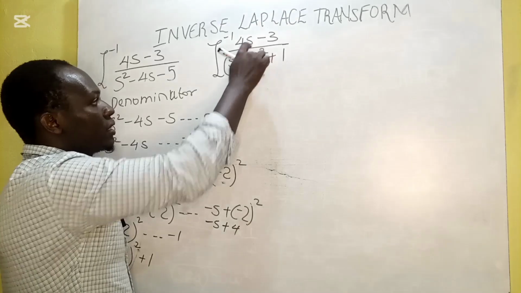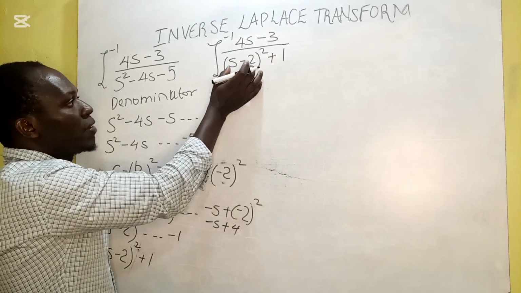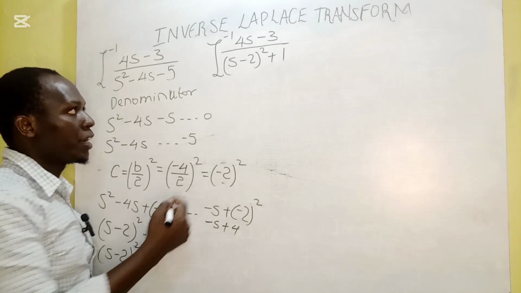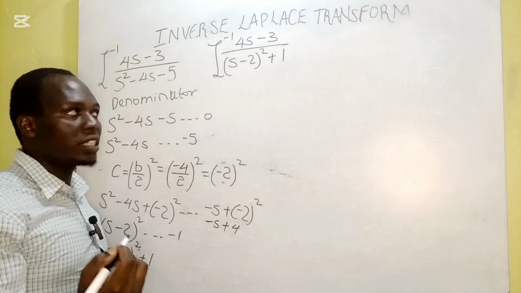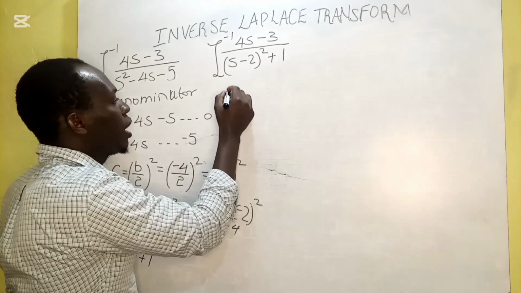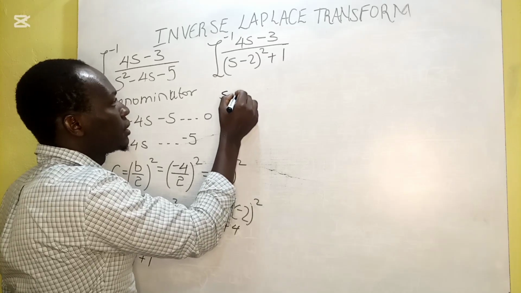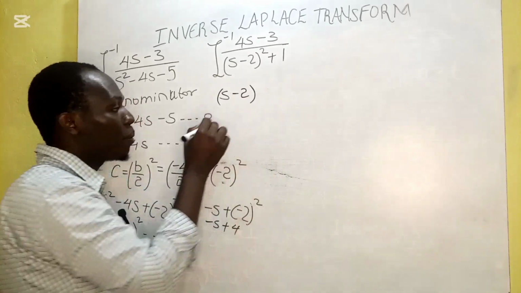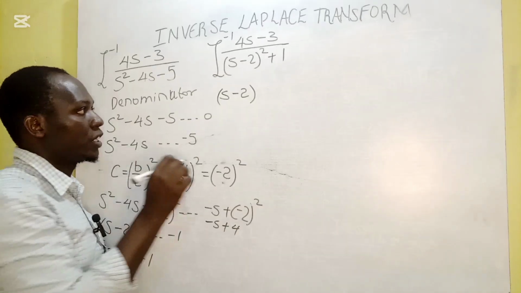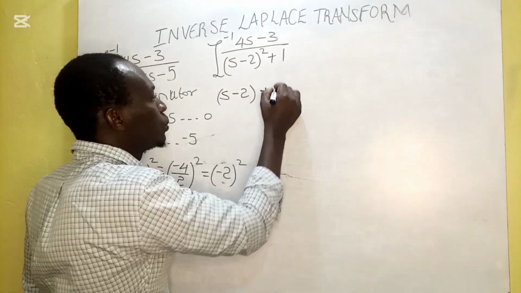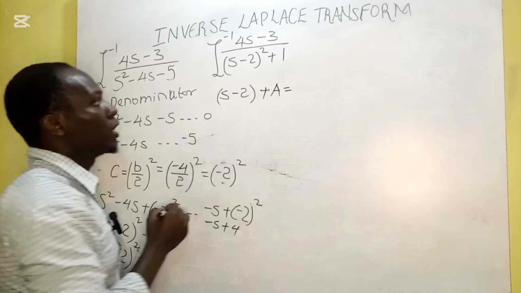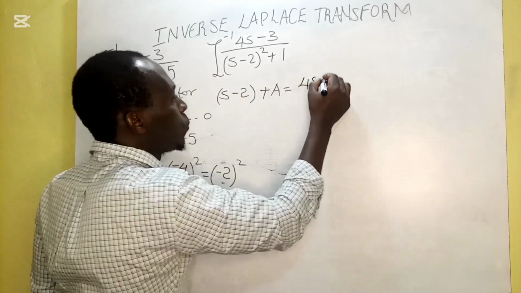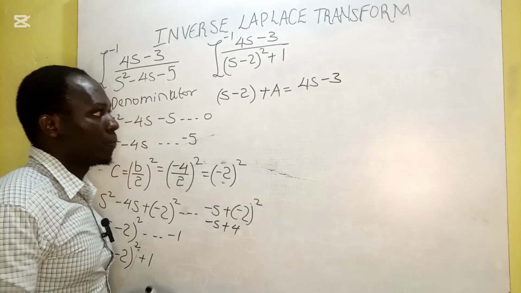By shifting this term, we are going to relate whatever we are having here with whatever we are having on the numerator. And how are we going to relate these two? We are going to have s, we subtract 2 because the term of s was shifted. We come and add a, it will be equal to our numerator 4s we subtract 3.